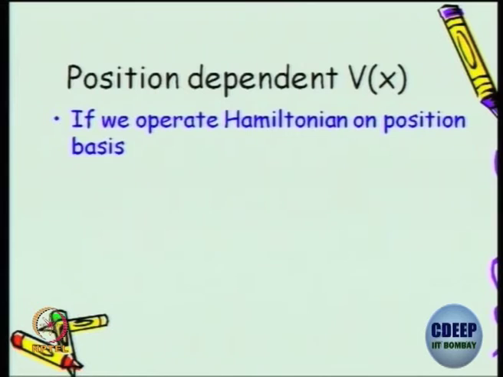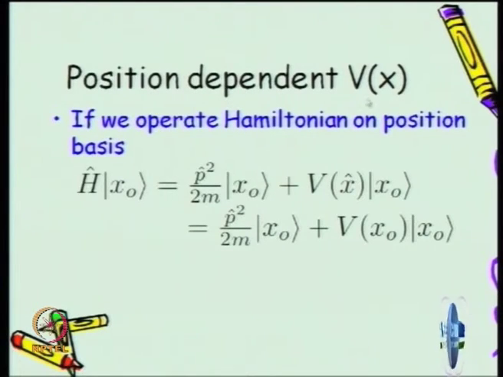If we operate the Hamiltonian on the position basis, suppose we have potential energies which are dependent only on position, which is what we see in the harmonic oscillator, and we operate it on a position basis state, let's take an x0 state. Then we don't know what the p hat operator on x0 is, but we definitely know that V, which depends on the position operator, will pull out the eigenvalue, which is again a function.